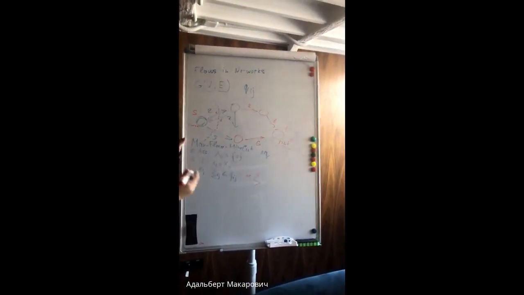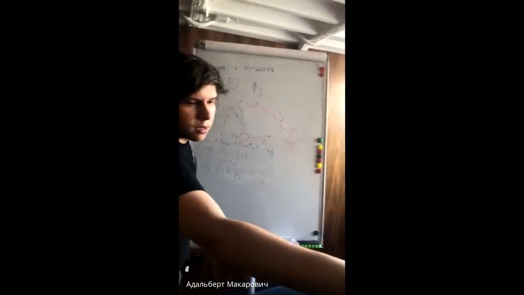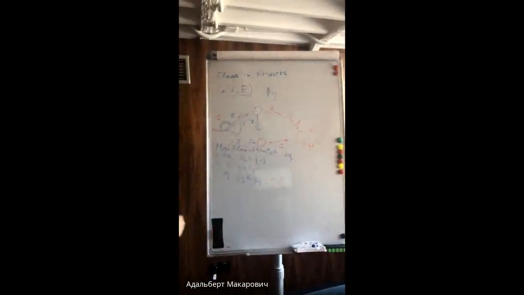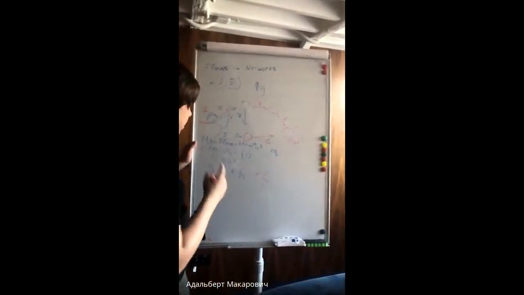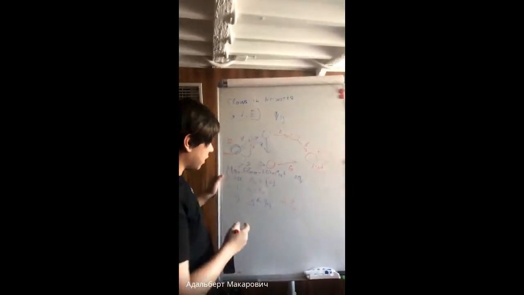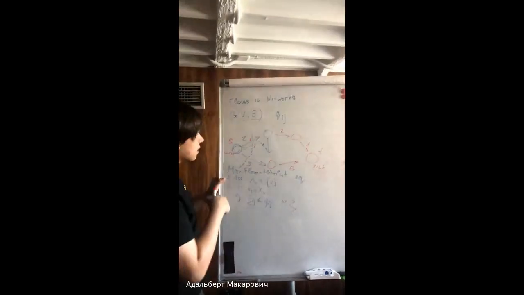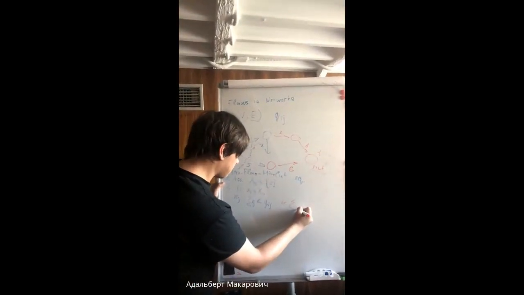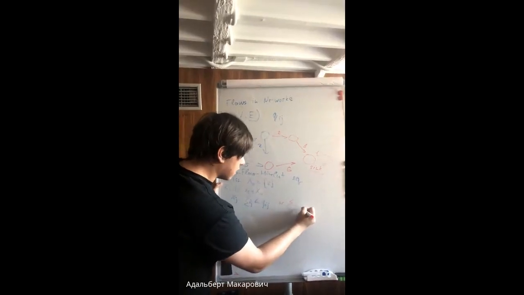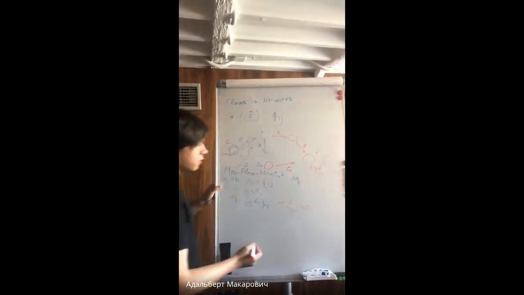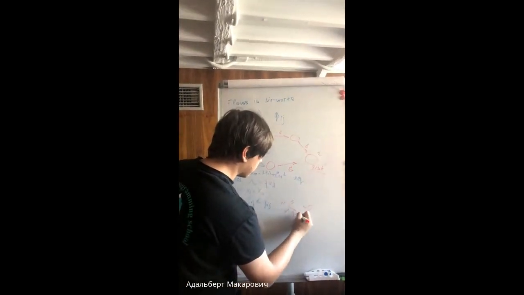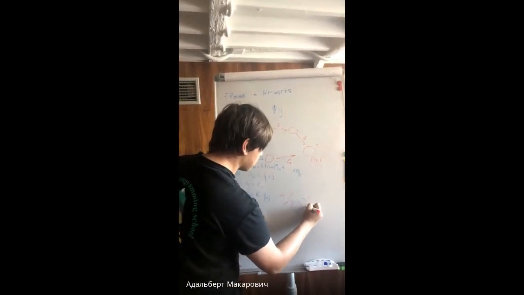Yeah, so the second constraint will be, if this is a reverse edge, we should have that Cij is more than 0 if ij is reverse.